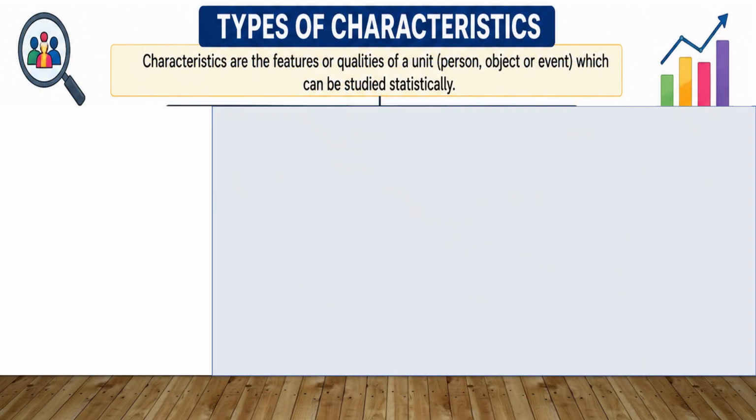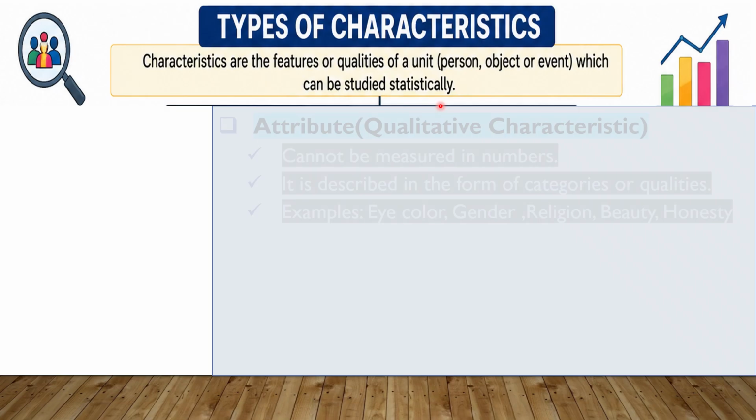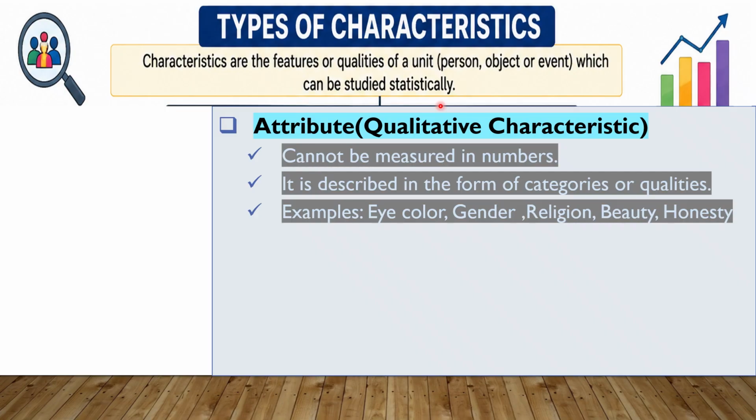Now that we have understood raw data and statistical data, let's move to another important concept, that is characteristic of data. Characteristics are the features or qualities of a unit, maybe a person, object or event, which can be studied systematically. The two types of characteristics: first is attribute, which is the qualitative characteristic of data, and it cannot be measured in numbers.